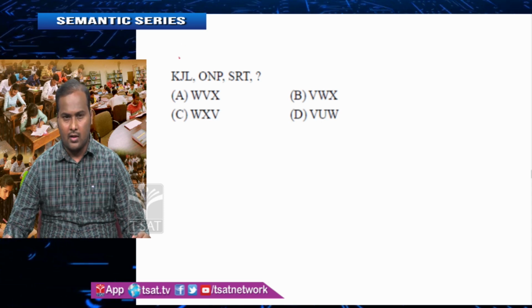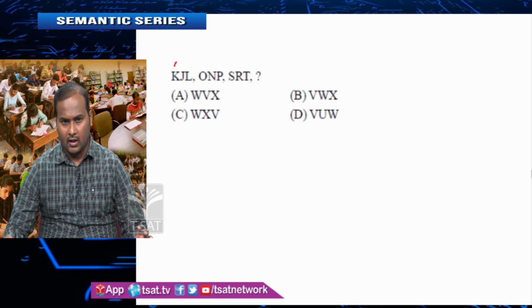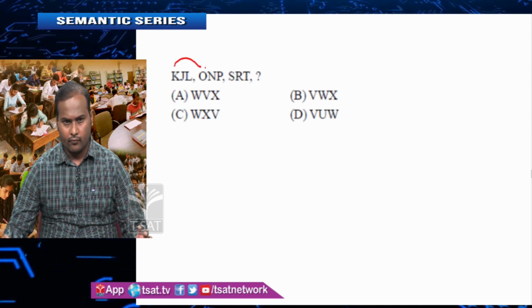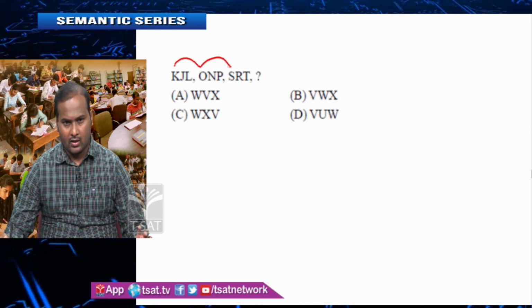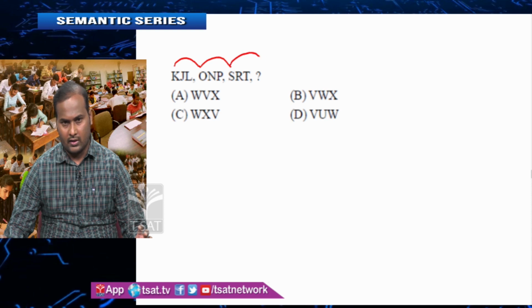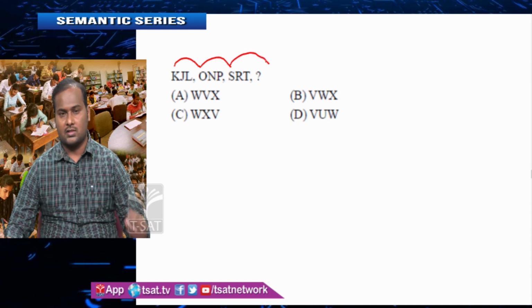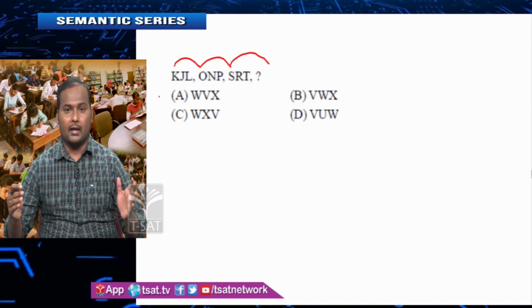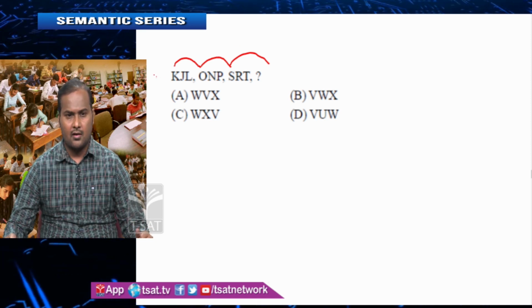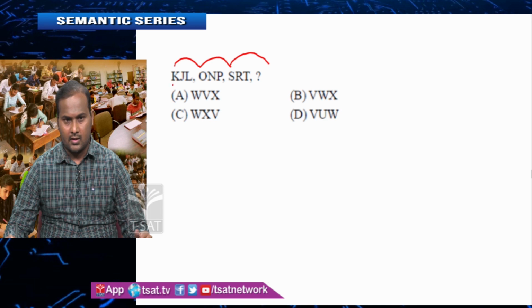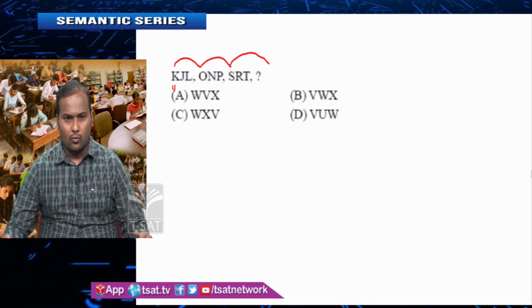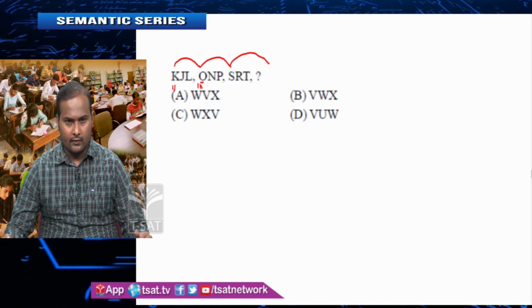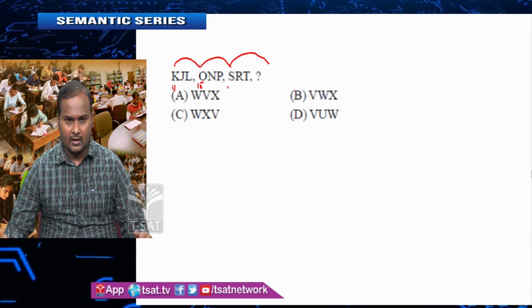That is, if you see the first series, that is K to O, O to S, and S to the next one. I said that it is one series. How did I say it is a series very quickly? By observing the gap between the letters. For example, you see this K, K is 11, O is 15, S is 19.